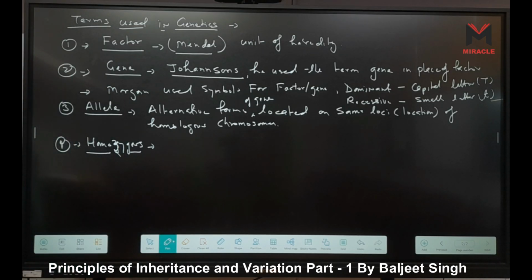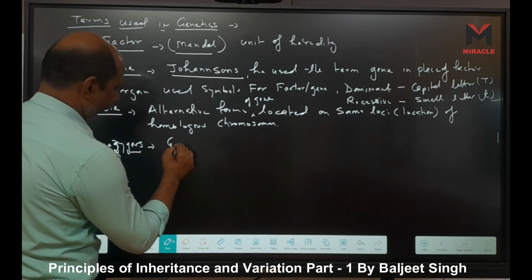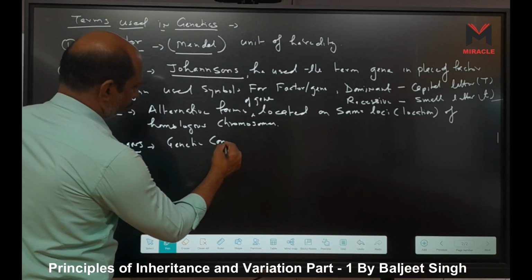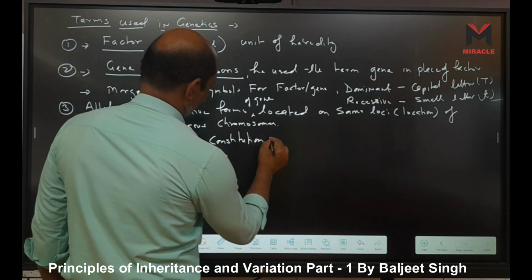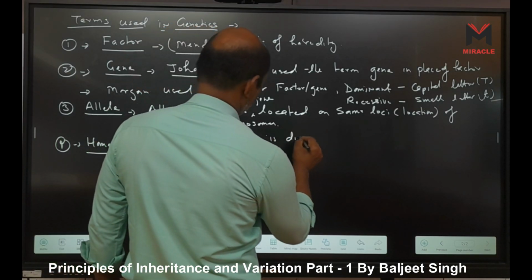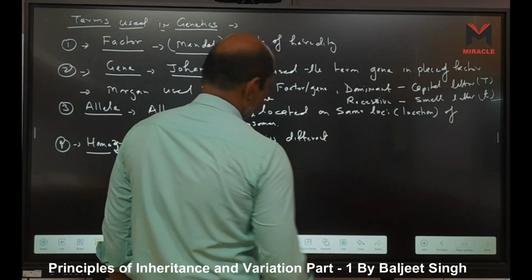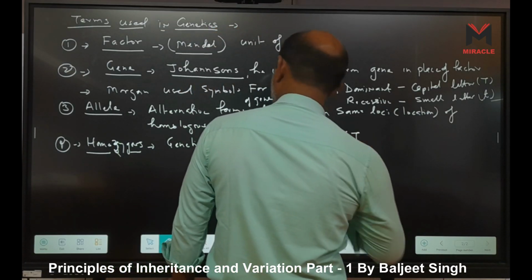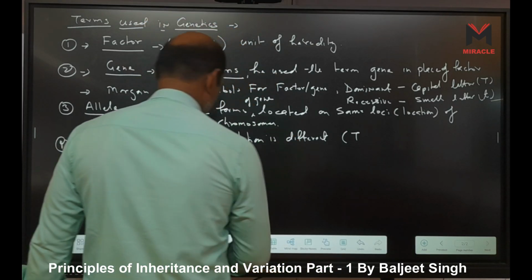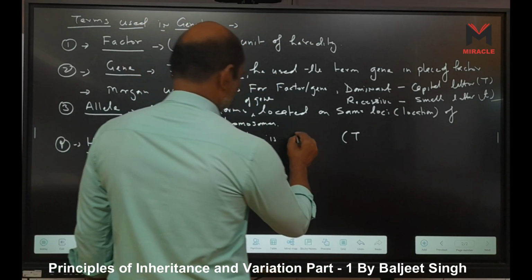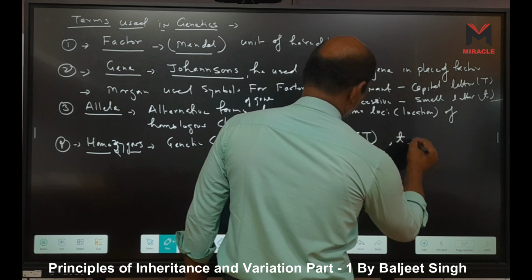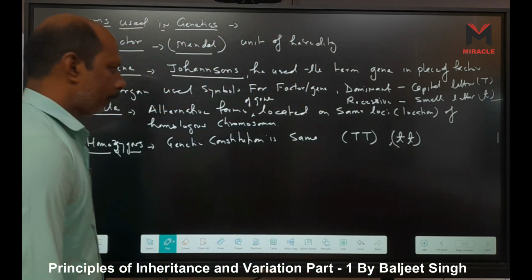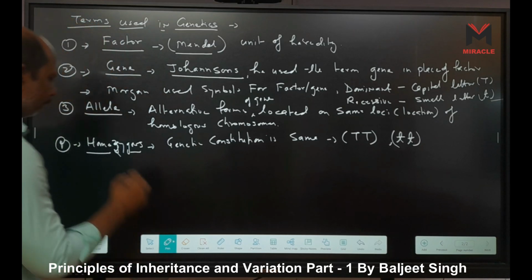Homozygous contains identical alleles, as for example, capital T capital T or small t small t, right? And heterozygous means what?